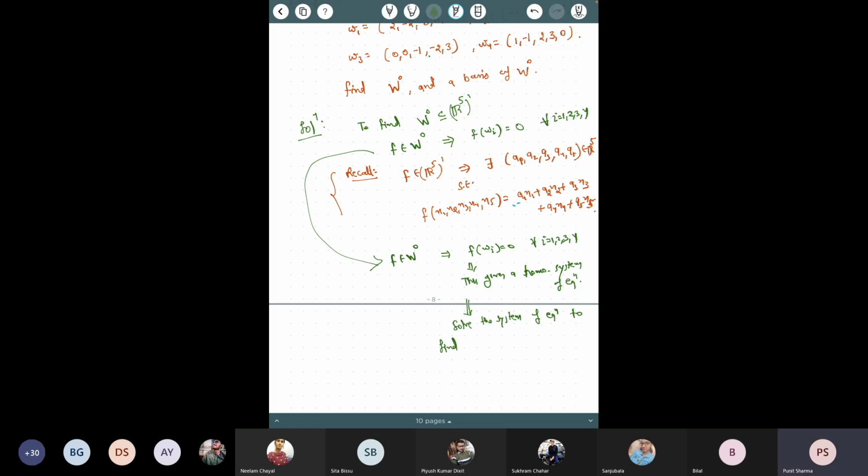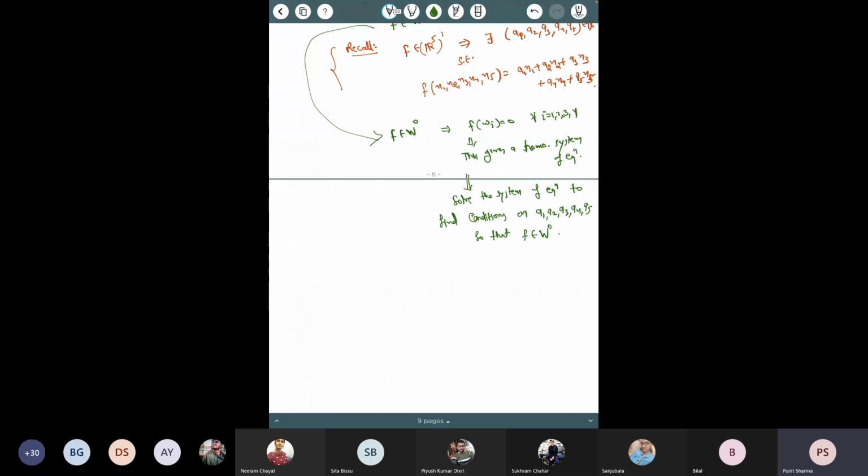So we need to find conditions on these a1, a2, a3, a4, a5. These conditions will ensure that this f belongs to W nor, and we get these conditions by solving this system. So solve this system of equations to find conditions on these scalars, these coefficients a1, a2, a3, a4, and a5, so that this f belongs to W nor. All right, so this is the idea.